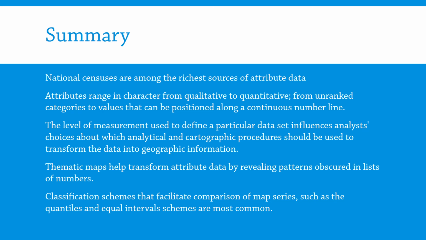The level of measurement used to define a particular data set influences the analyst's choices about which analytical and cartographic procedures should be used to transform the data into geographic information. Thematic maps help transform attribute data by revealing patterns obscured in simple lists of numbers. And classification schemes that facilitate comparison of map series, such as quantiles and equal intervals, are among the most common.